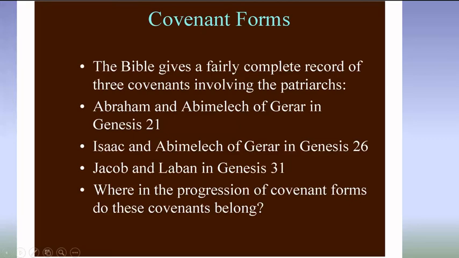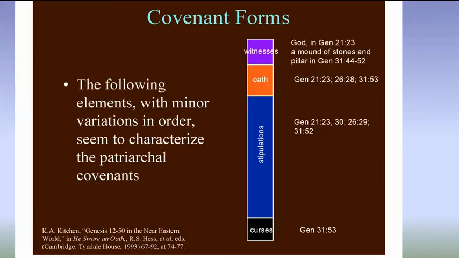What we do then is analyze the covenant forms that come right out of the biblical text, and some examples that we have from the patriarchal period: Abraham and Abimelech, Genesis 21, Genesis 26, Genesis 31. So what do those forms look like when we do the analysis? Well, we see that they take on a certain shape: witnesses section, oath section, stipulation section, and a list of curses.